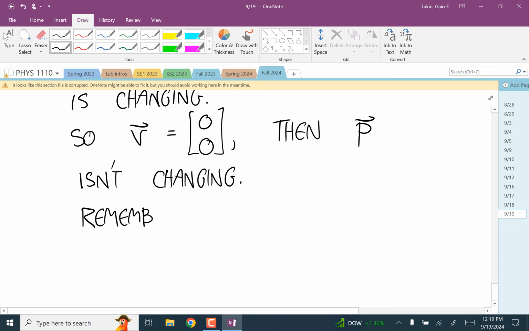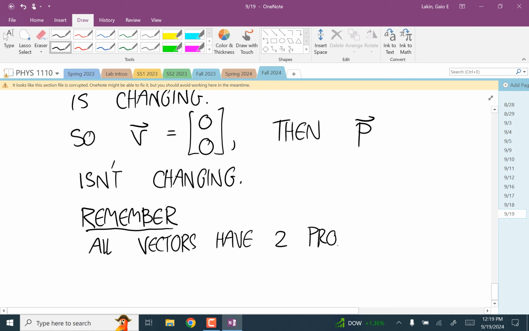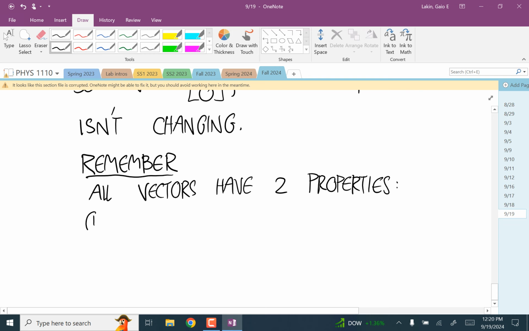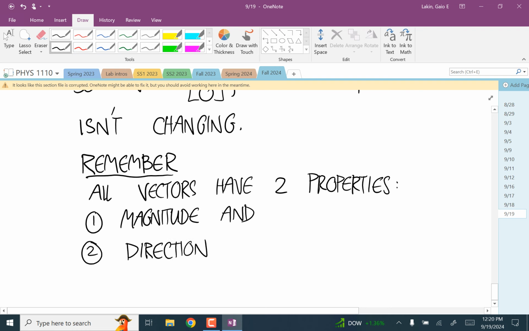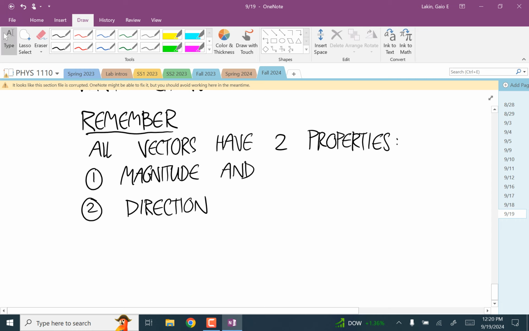Now, I've said this before. I said it in lab and I said it on Tuesday in class. Remember that all vectors have two properties. Those are magnitude and direction. For the position vector and the acceleration vector, it's not super helpful to think about it that way. But for the velocity vector, it is.